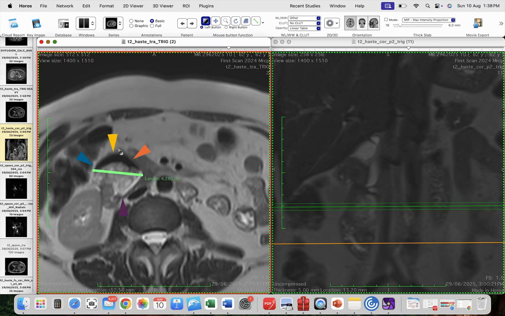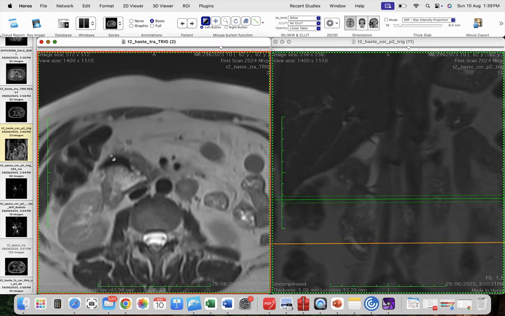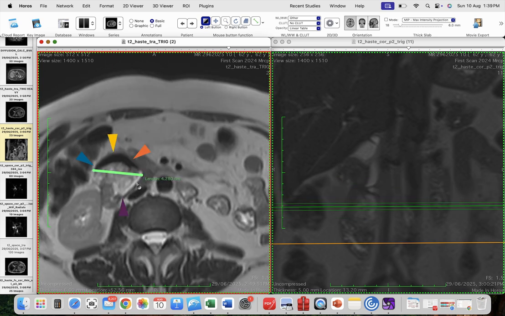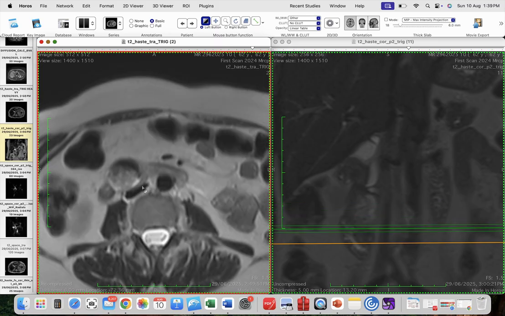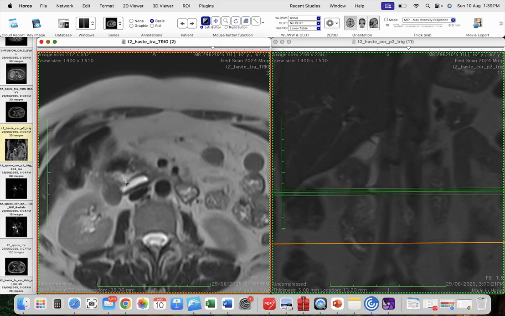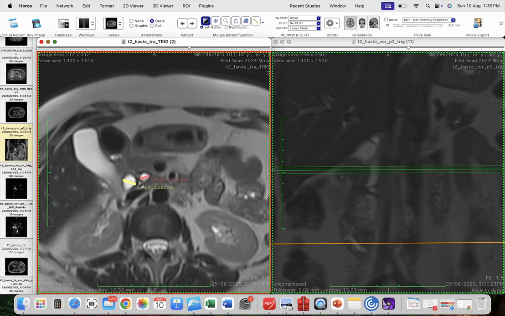Luckily, here in the MRCP study there is an air-fluid level, which confirms that this lesion is not a tumor and not a stone. It is just a diverticulum at the second part of the duodenum, causing a mass effect on the biliary and pancreatic ducts, causing back-pressure dilatation, or the double duct sign.